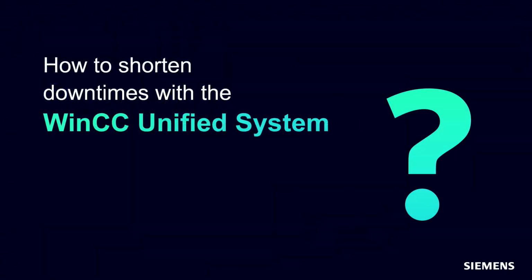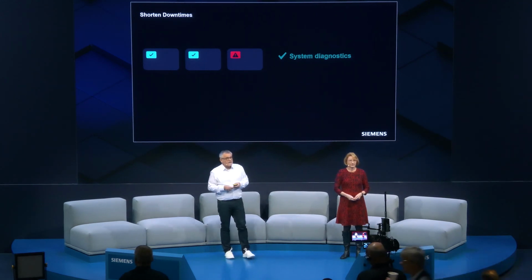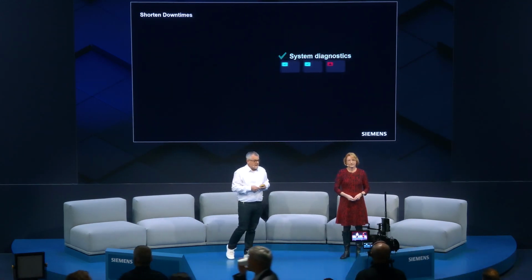But there's another new WinCC Unified offering I would like to point out. How can downtimes be reduced or at least be shortened? With WinCC Unified version 18, our technological components provide system diagnostic information. We do have a smart and easy way to monitor these on the shop floor level, not only as a status message, but also directly in the user interface.